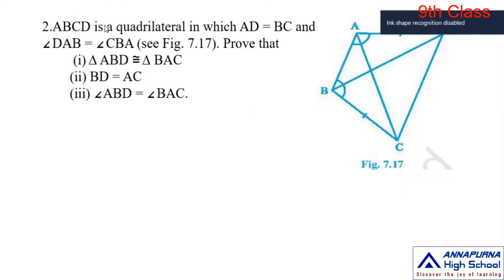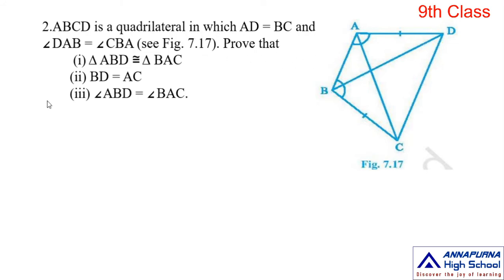Next, second problem. ABCD is a quadrilateral in which AD is equal to BC and angle DAB is equal to angle CBA. See figure 7.17.